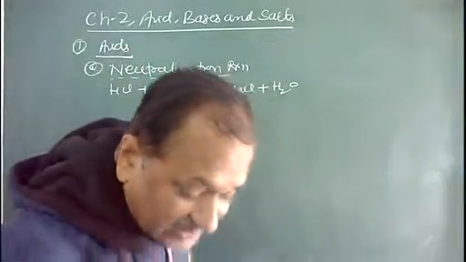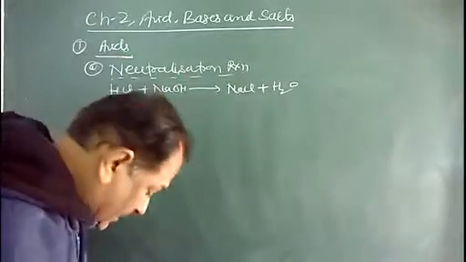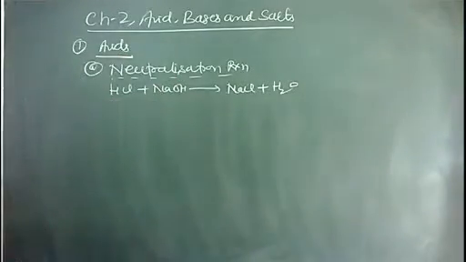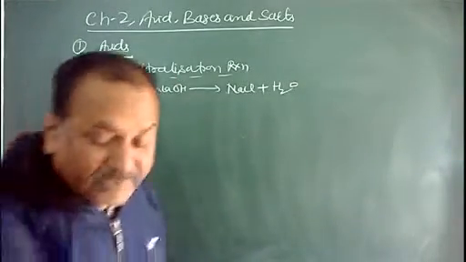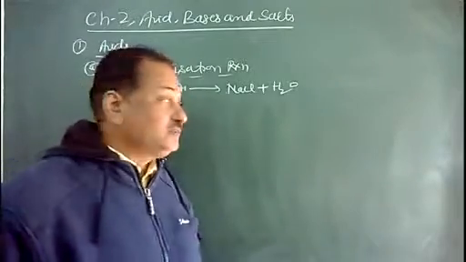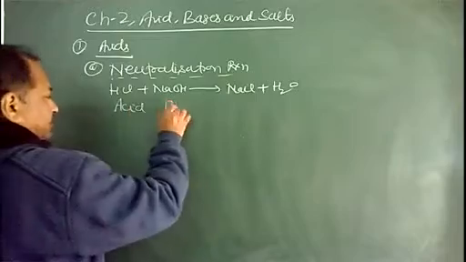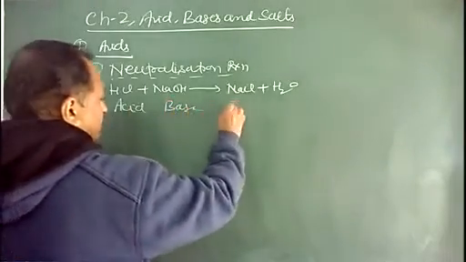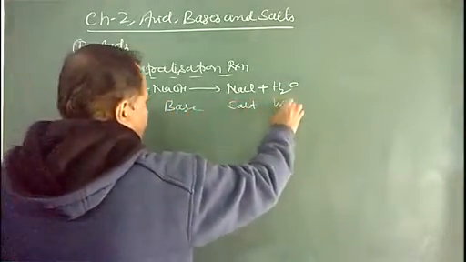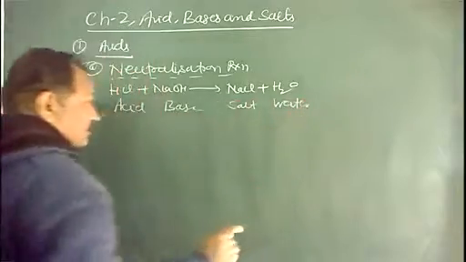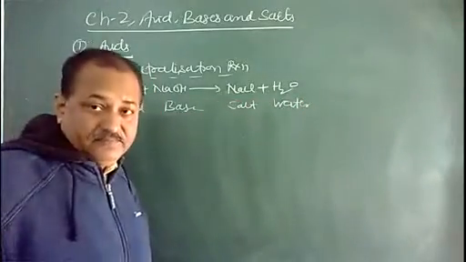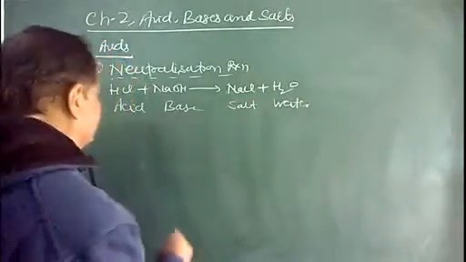And so the neutralization reaction is equally responded to by acids and bases. So here acid, here base, salt and water. So any acid and any base can react together.